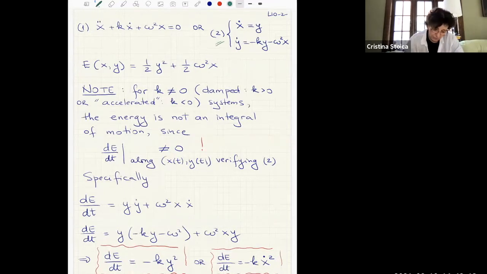So actually I computed, when we do d/dt along the trajectories of the system, we do the chain rule and the right substitution, we end up with d/dt of the energy decreasing in time, and there is an energy loss provided this k is positive. So indeed there is a damping in there, which we expect. It makes sense physically.